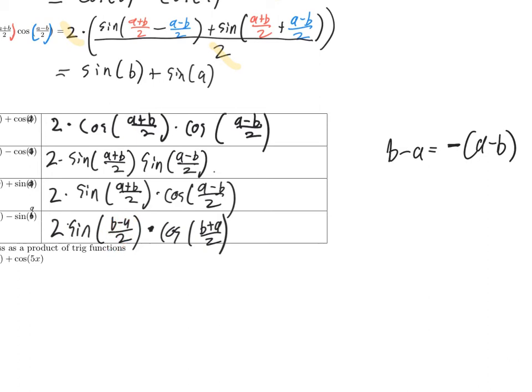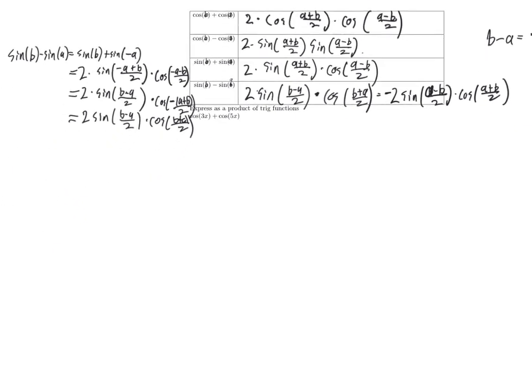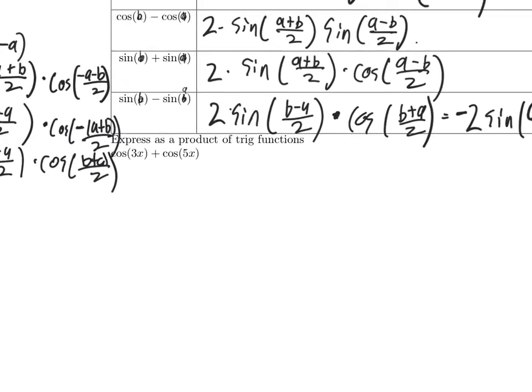Sine is odd, so that negative will pull out front, which will leave you with negative 2 sine a minus b over 2 times the cosine, doesn't matter what order you add, a plus b over 2, if you prefer that formula, which is now in line with the formula that's in the book, if you care about that kind of thing.